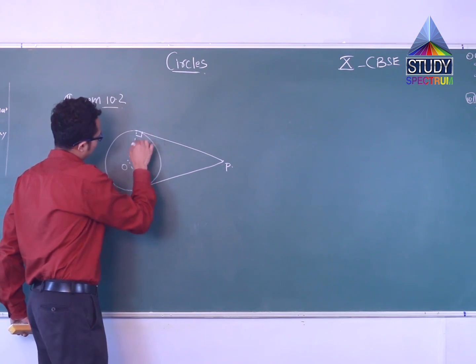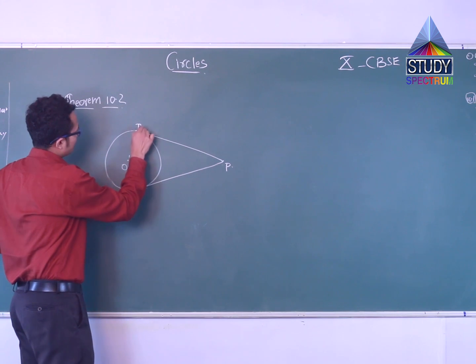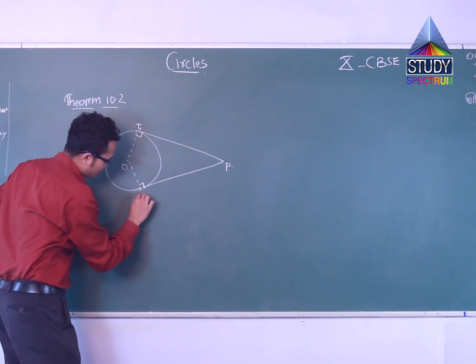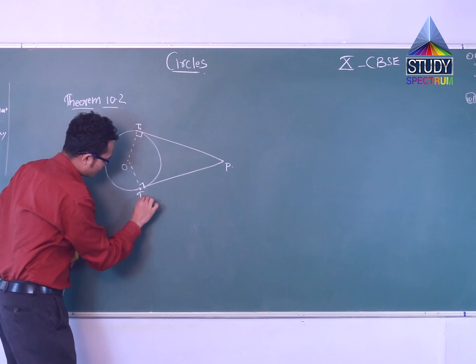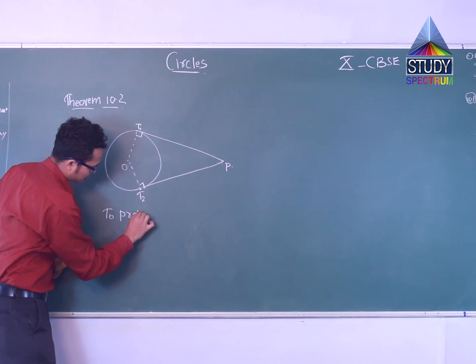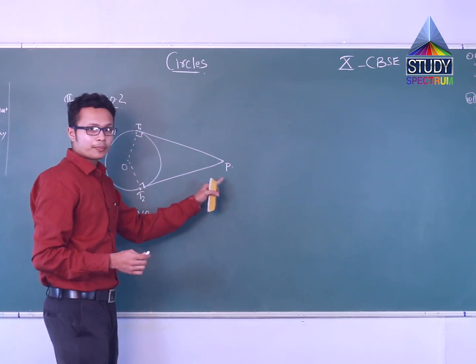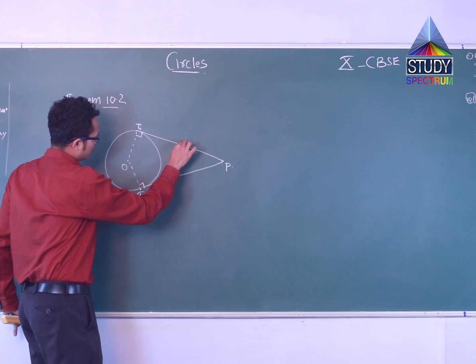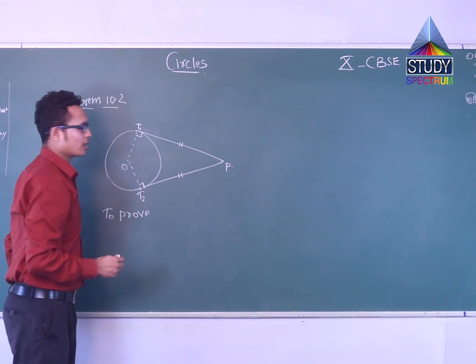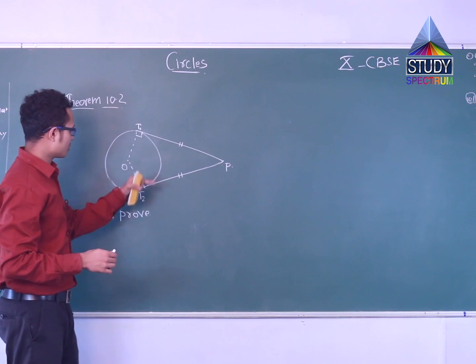These are at right angles, and I indicate this point of contact by T1 and this point of contact by T2. We have to prove that PT1 is equal to PT2. That is, these two tangents are equal in length when they are drawn from a point external to the circle.